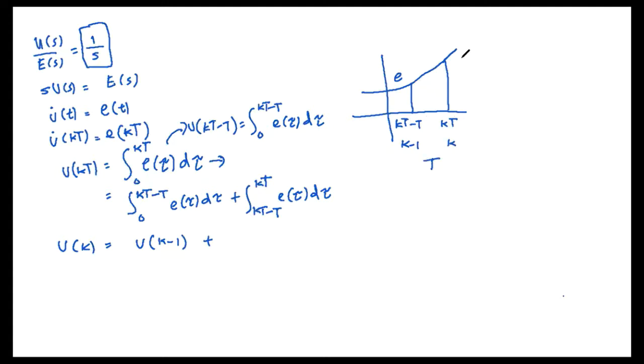So in the backward rectangular rule, what happens is that the value of e at kt is used to make the rectangle. So the value of e at kt is at this point.